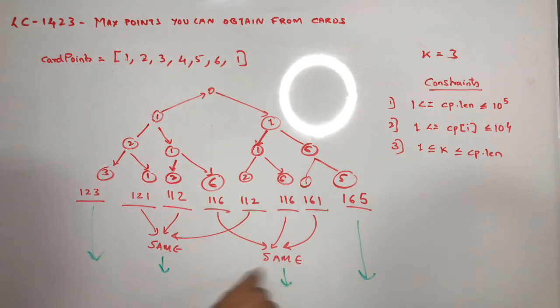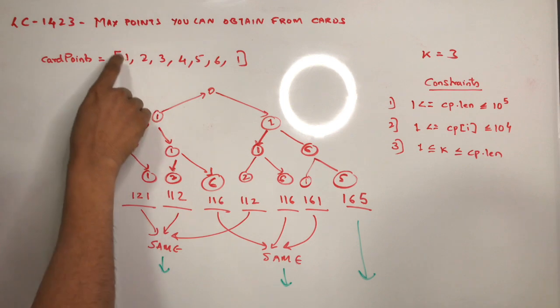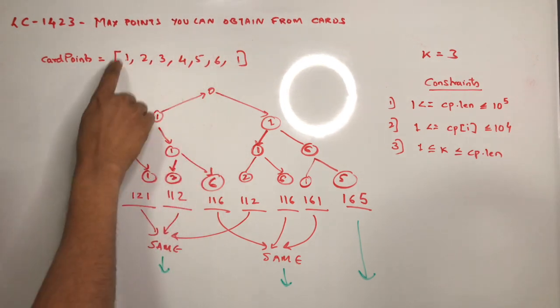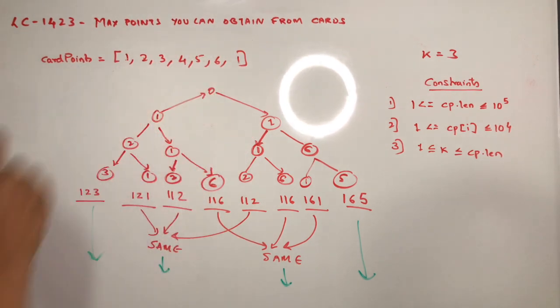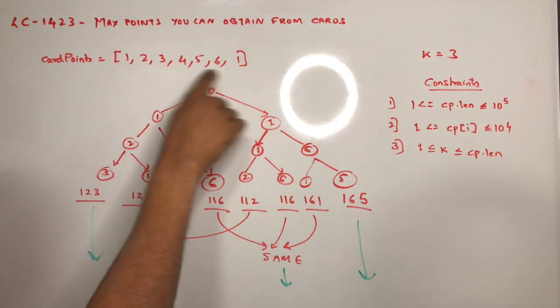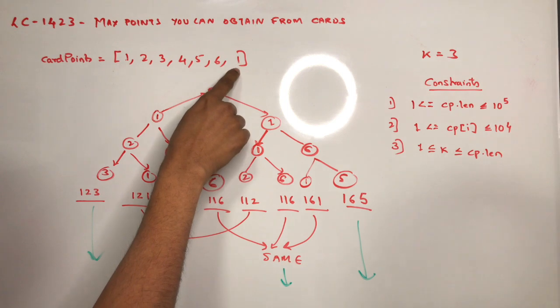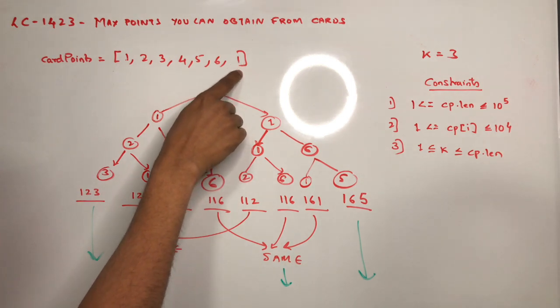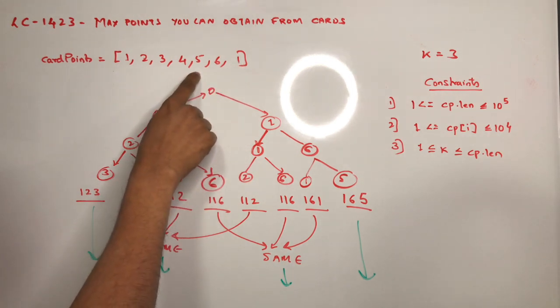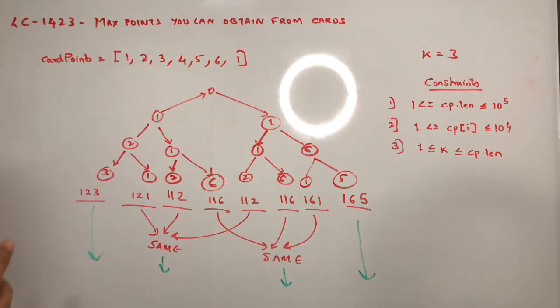Similarly, this third combination, 1, 1, 6, 1, 6, 1, they all again map to 1 element on the leftmost side and 2 elements on the right. And finally 1, 6, 5. So there is only 1. This maps to the rightmost, 3 elements on the rightmost and 0 elements on the left.